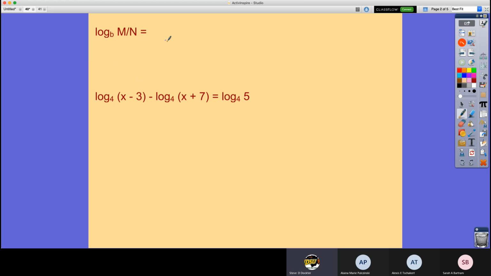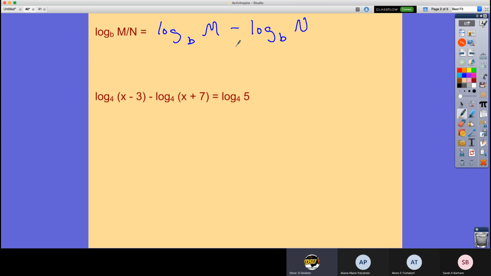What that turns into is log b of m, instead of adding like we did with the product rule, we're going to subtract log b of n. All that means is when we have two things divided, we can split them apart by subtracting.